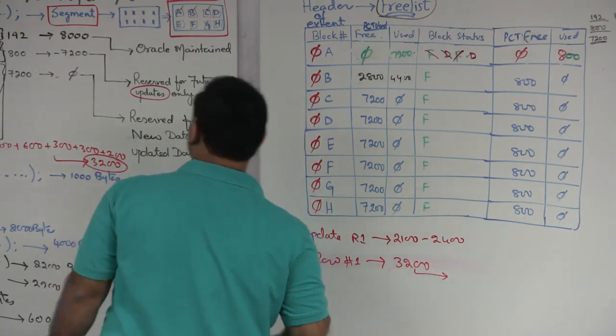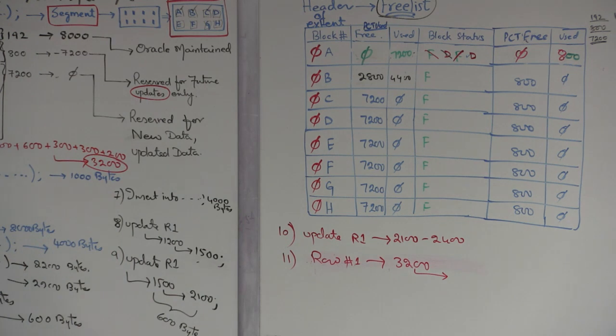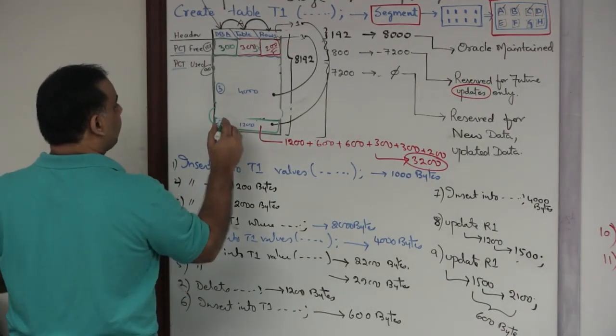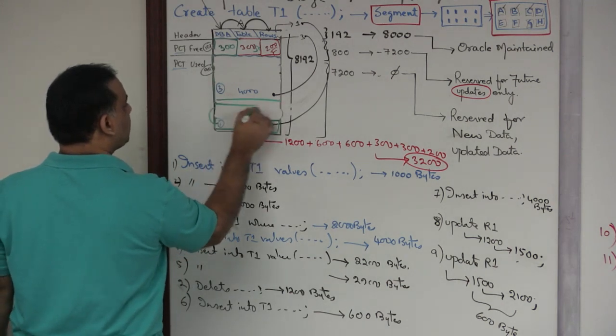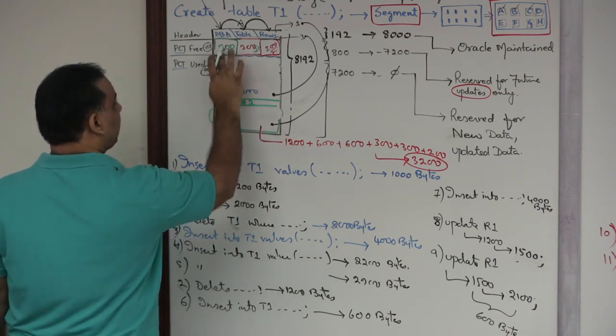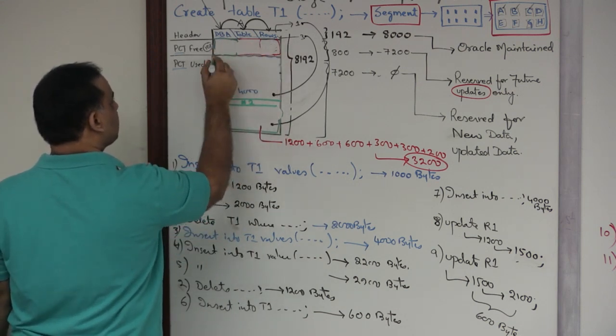Okay, so 3200, if I start looking into all of these, this area, row number 1, so I'm going to have row number 2. And then row number 1 is close to about, I have 800 that is being utilized here.